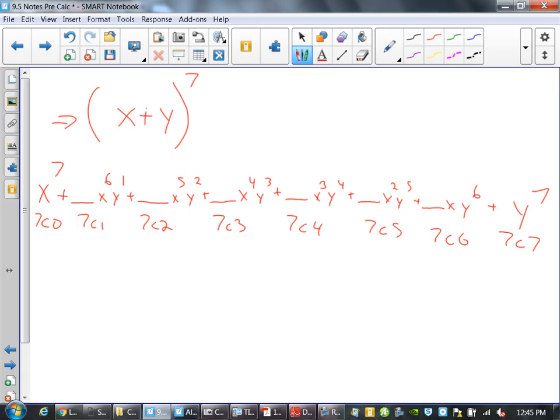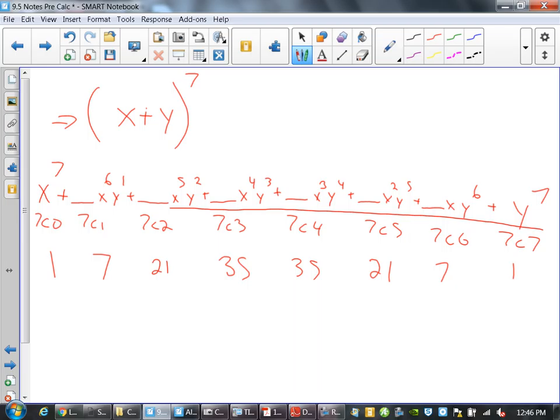If you put those in the calculator, 7, choose 0, as you go through this, you'll start to see you're going to get 1, 7, 21, 35, 35, and guess what's going to happen? 21, 7, and 1.